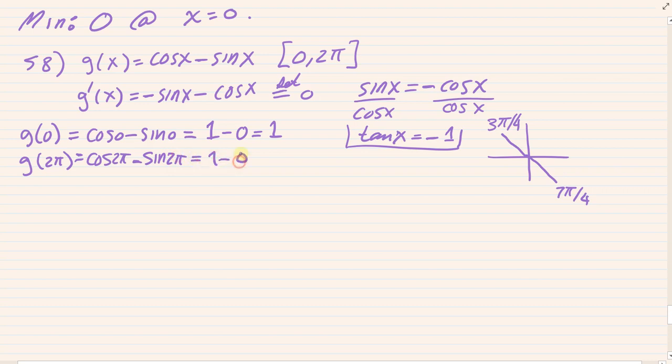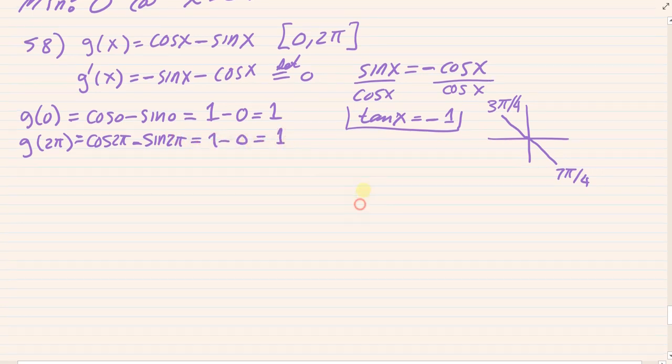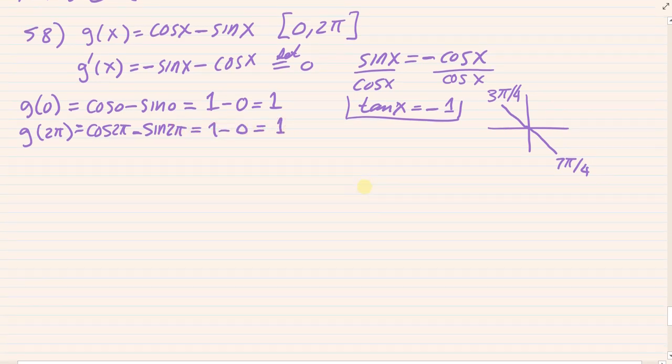So it's 1 minus 0, or 1. Okay, so here, if this ends up to be a max or minimum, then we achieved it at more than 1 point. Now, oh, I didn't finish. So the critical numbers here are 3 pi over 4 and 7 pi over 4.